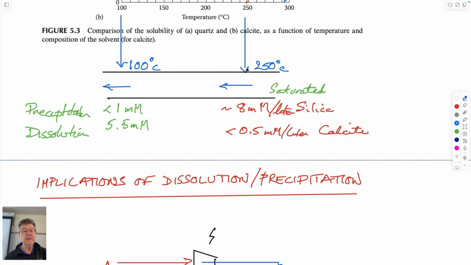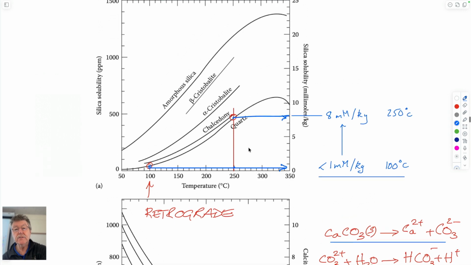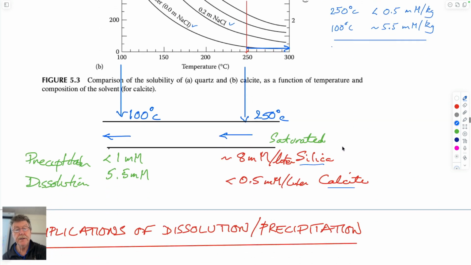So if you imagine taking fluid at 250 degrees centigrade and say it's a mixture of a reservoir which is both quartz and calcite in the reservoir, then the equilibrium concentrations dissolved in water for these are exactly those concentrations that we've defined here.